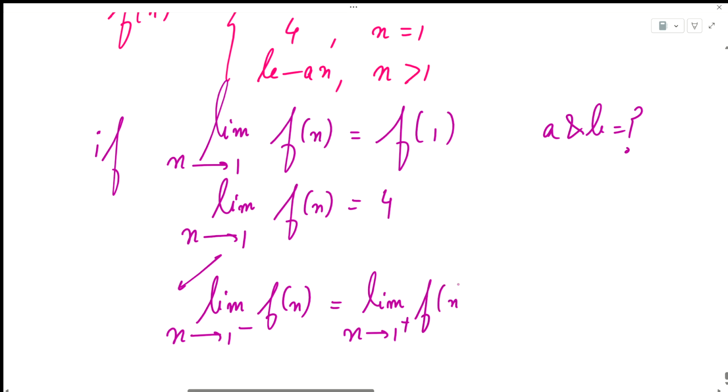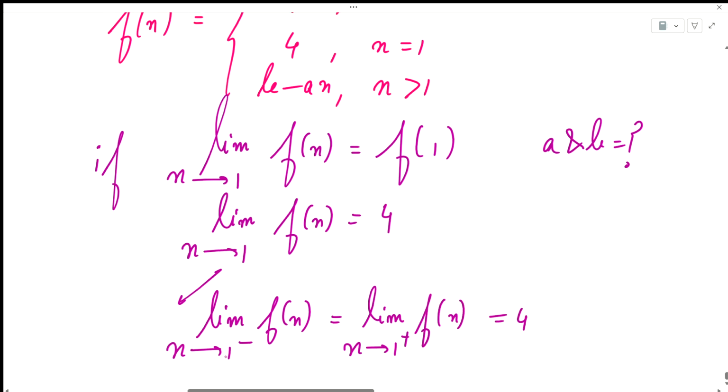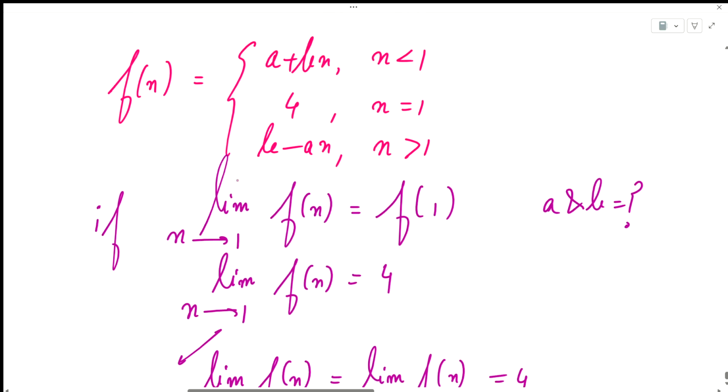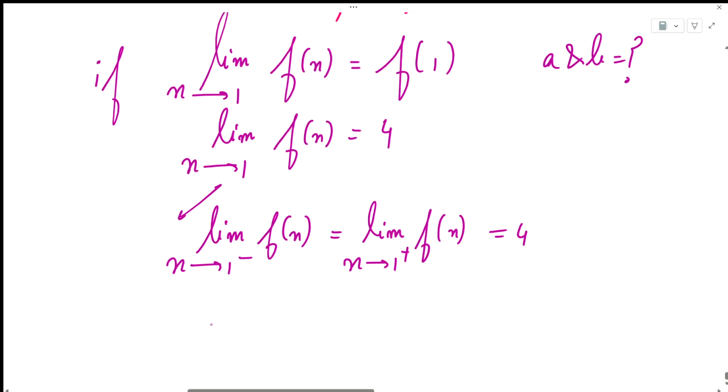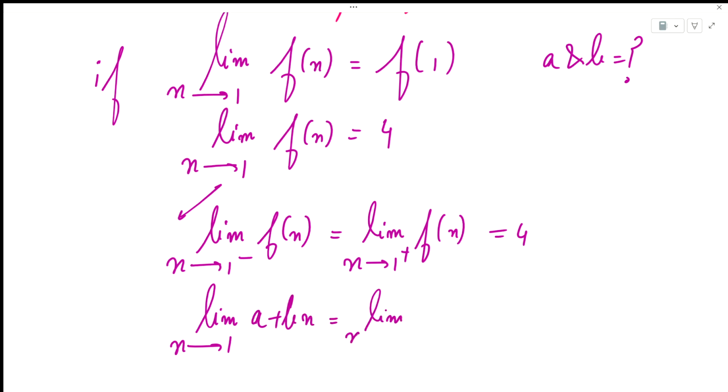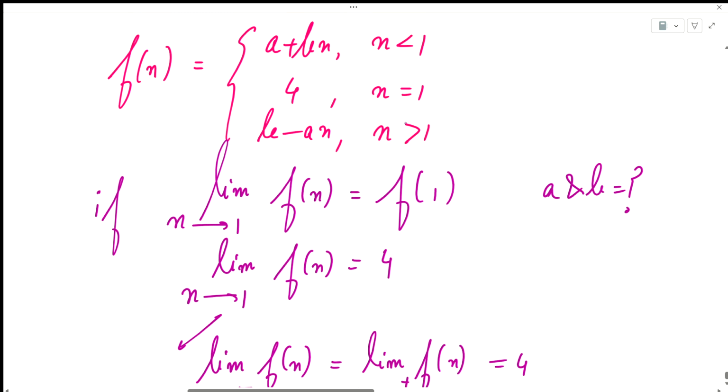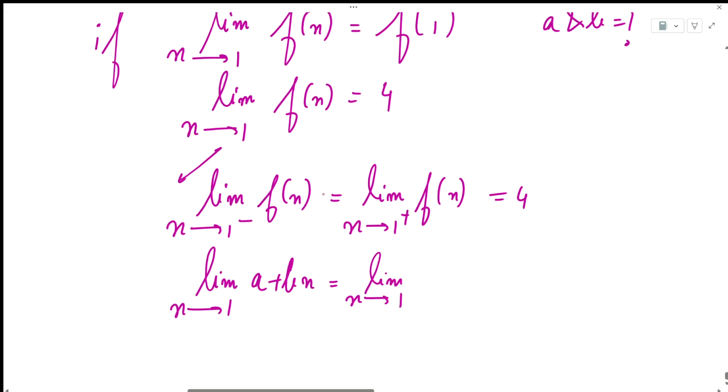And this is going to be 4. Now you see, when x is lower than 1, what is the value of function? It is a plus bx. So I'm going to write limit x tends to 1, a plus bx. And when my x is bigger than 1, what is the value of function? It is b minus ax. This is b minus ax equal to 4.